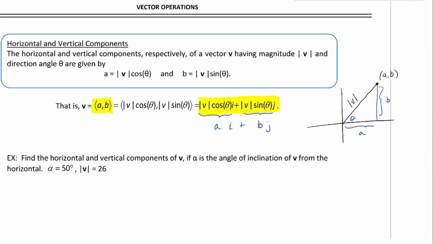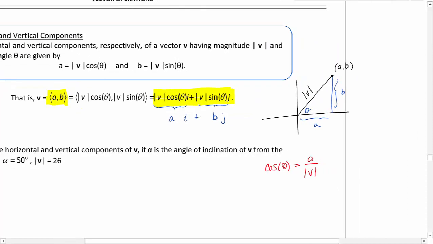So now let's just think SOHCAHTOA for a minute. Cosine of theta is equal to our adjacent side over the hypotenuse. And then if I solve this equation for a, multiplying both sides by the magnitude of v, we get a is equal to the magnitude of v times cosine theta. And that's what we have right up here for our rule.